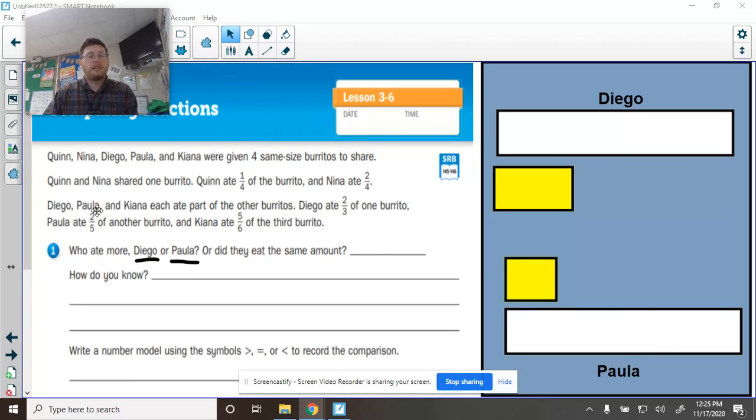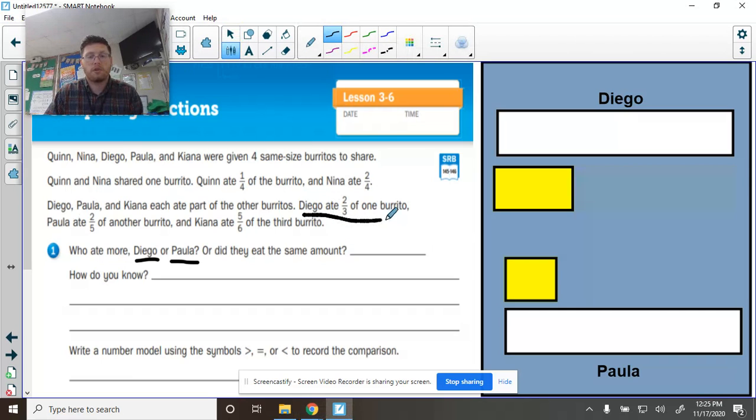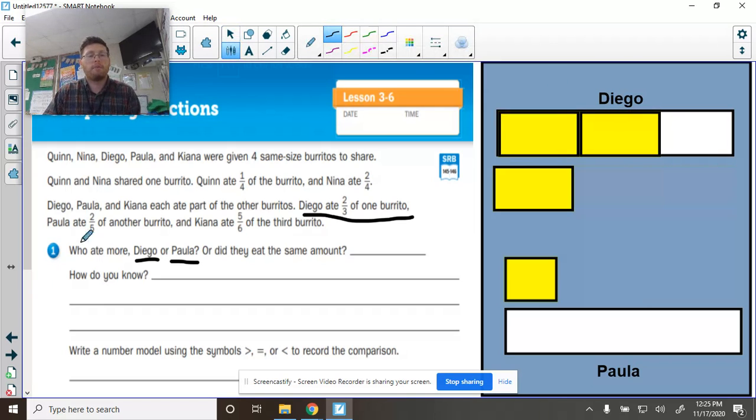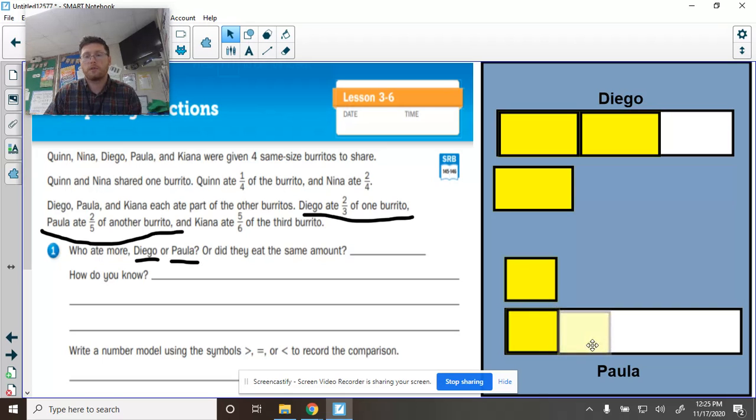Diego ate 2/3 of one burrito. So Diego had 2/3. There's 1, there's 2. Paula had 2/5 of a burrito. So 1, 2.